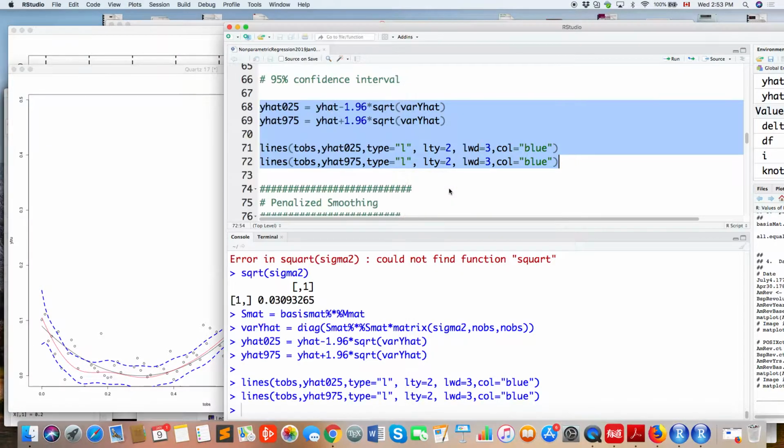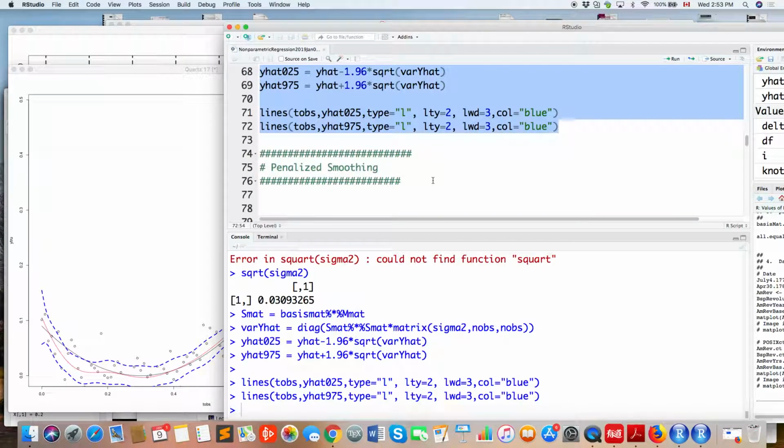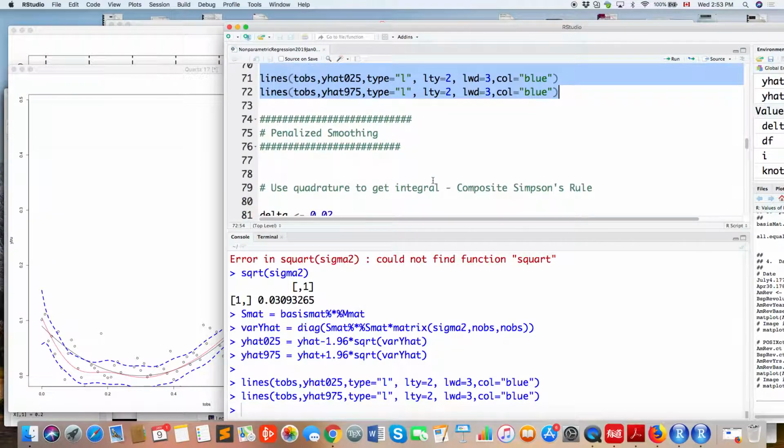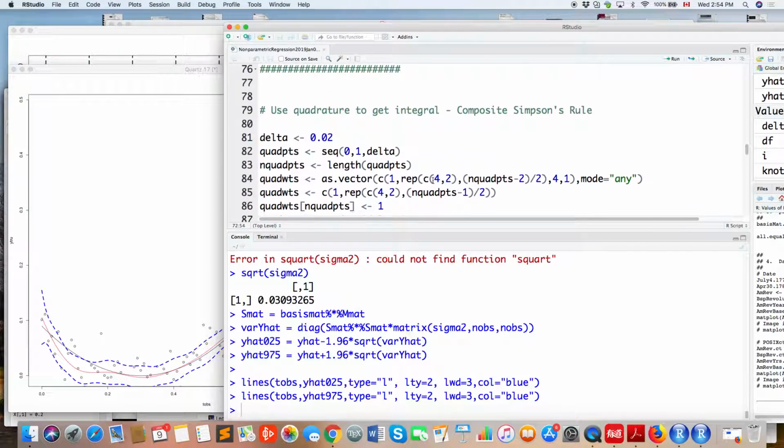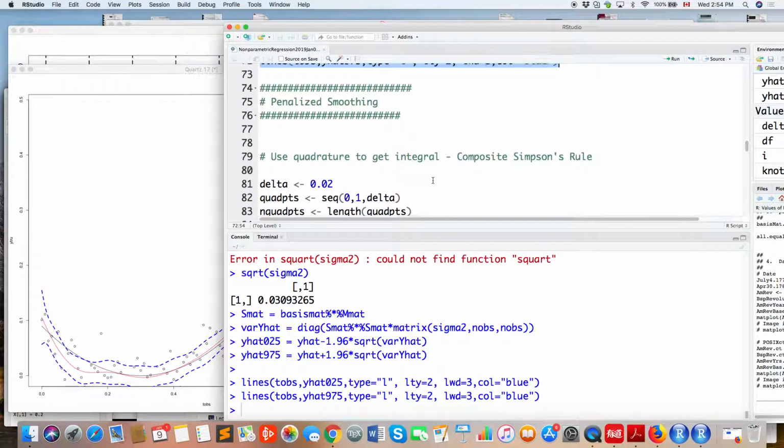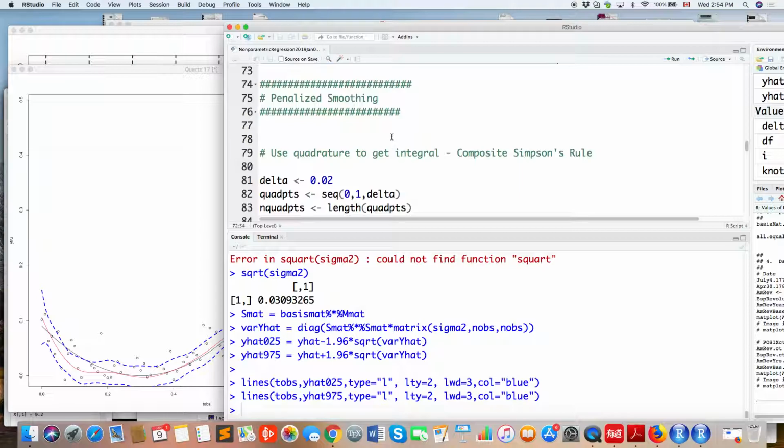Okay, so this is the regular spline regression. Now let us try the version where we have a penalty on the spline regression. So now we look at the smoothing splines.